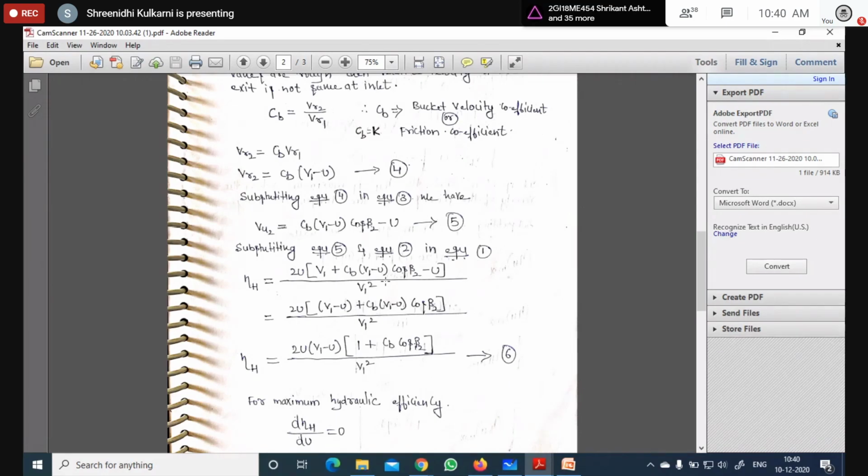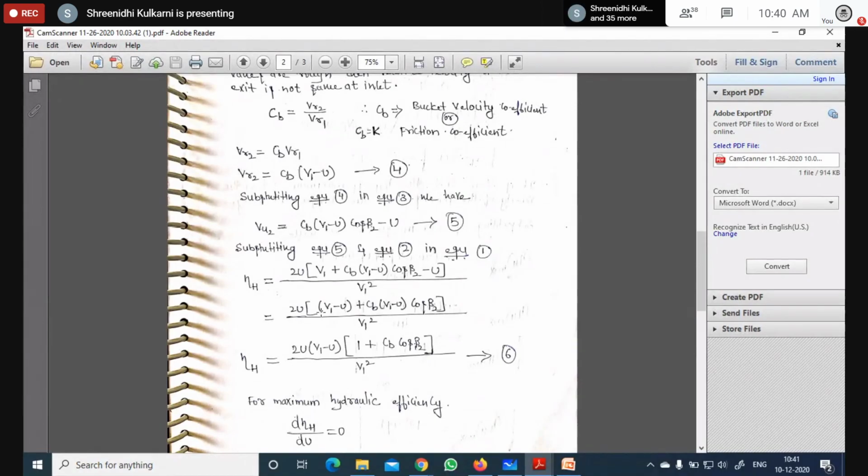Rearranging the terms: 2U into (V1 minus U plus CB into (V1 minus U) into cos beta 2), divided by V1 square.